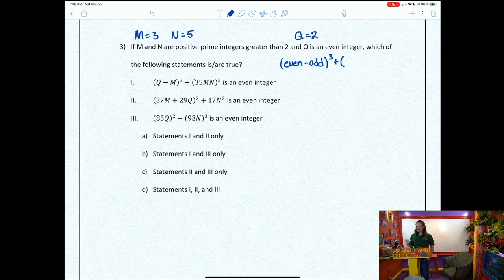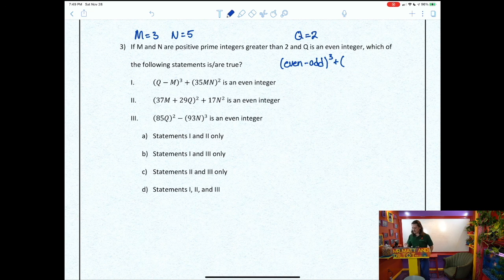I would not use 85, 93, 37, 29, 17. You can sub out for odd values because that's the characteristic being tested within each statement. So you can use easier to work with numbers, but you have to make sure that you understand the concept being tested and apply it correctly.